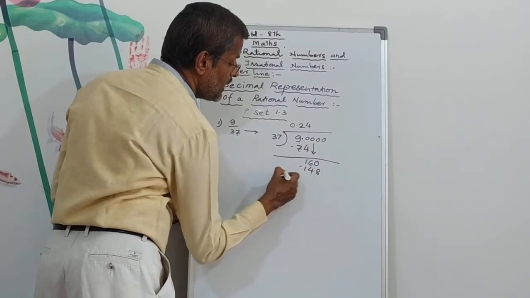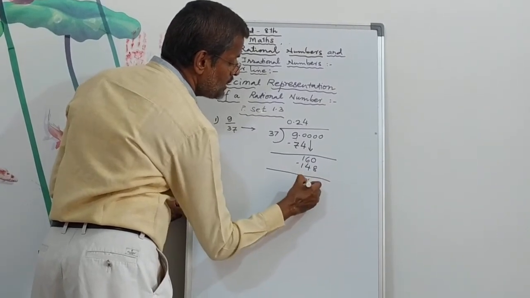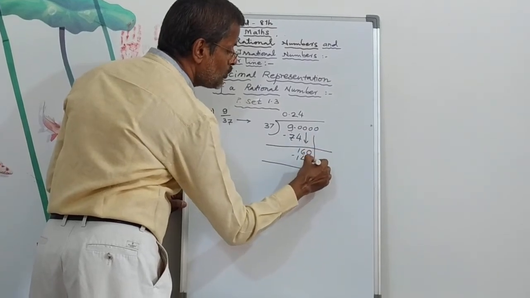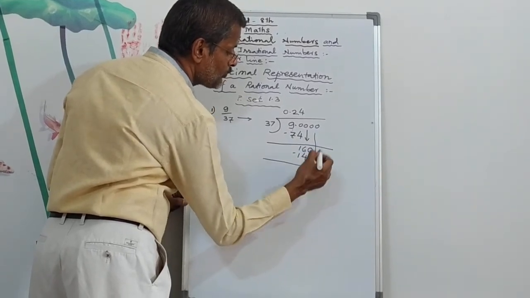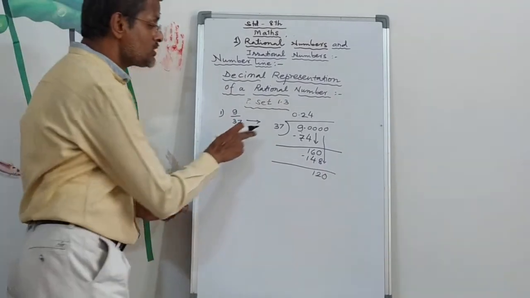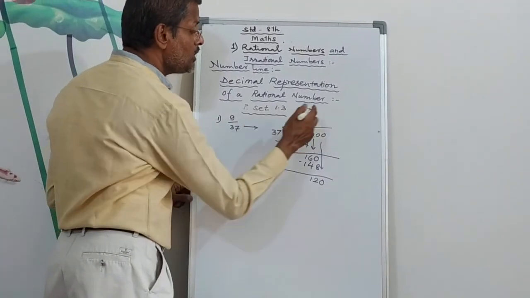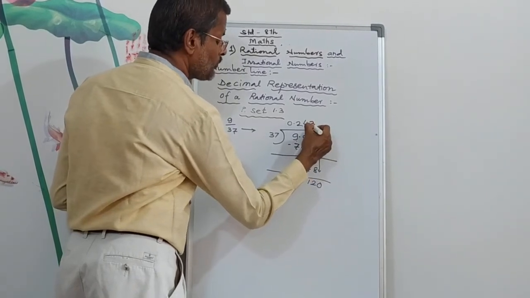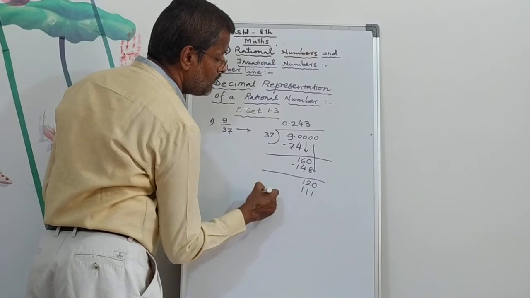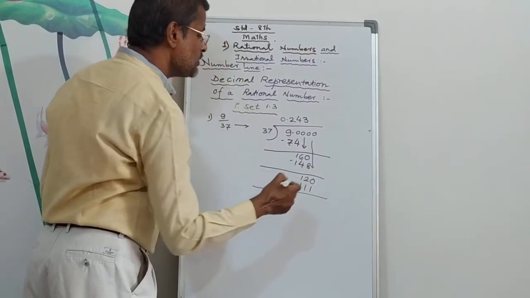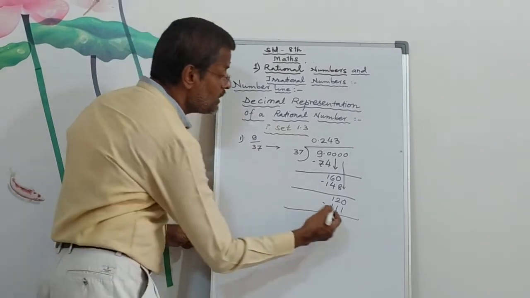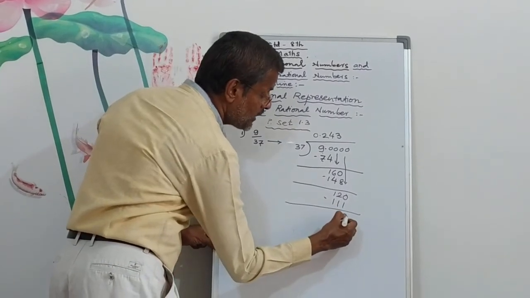Subtract 148 from 160, we have 12. Now carry another 0, so it will be 120. 37 into 3 will give us 111. Subtract 111 from 120, it will give us 9.